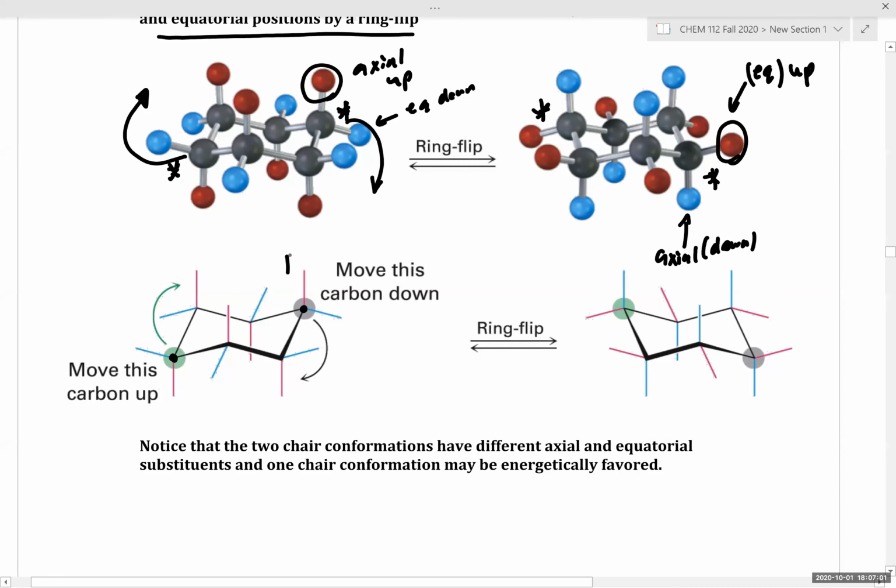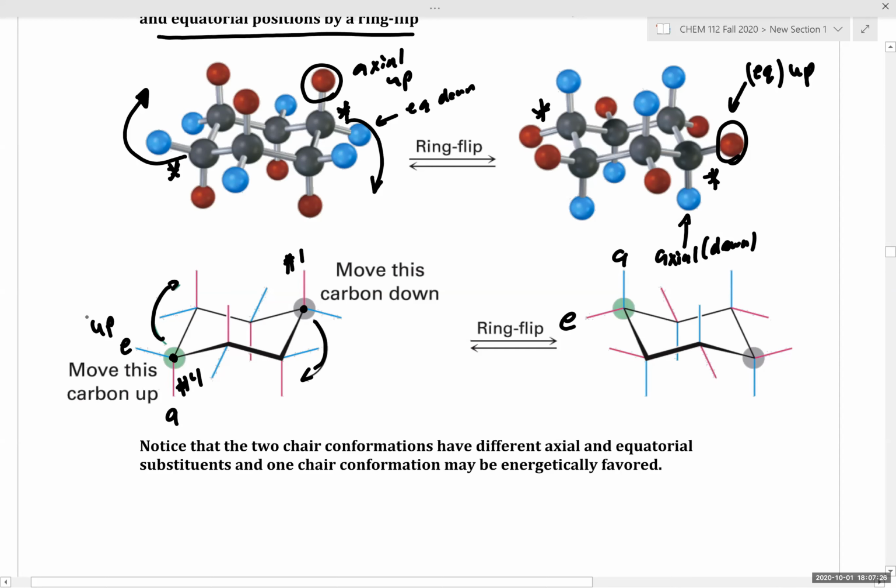So I like to label my carbons 1 through 4. I move carbon 1 down and carbon 4 up. As a result, all of my equatorial substituents now become axial, and all of my axial substituents now become equatorial.